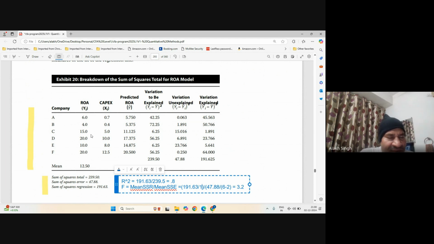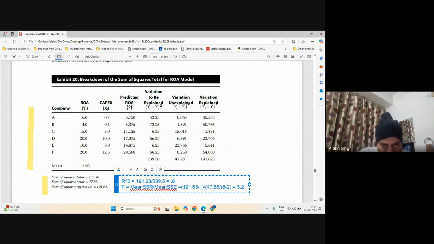One was taken away by this beta 1, and then minus 1 is the degree of freedom. Since we have total degrees of freedom 5, 1 was taken away by the regression term. So now error terms have only 4 degrees of freedom.